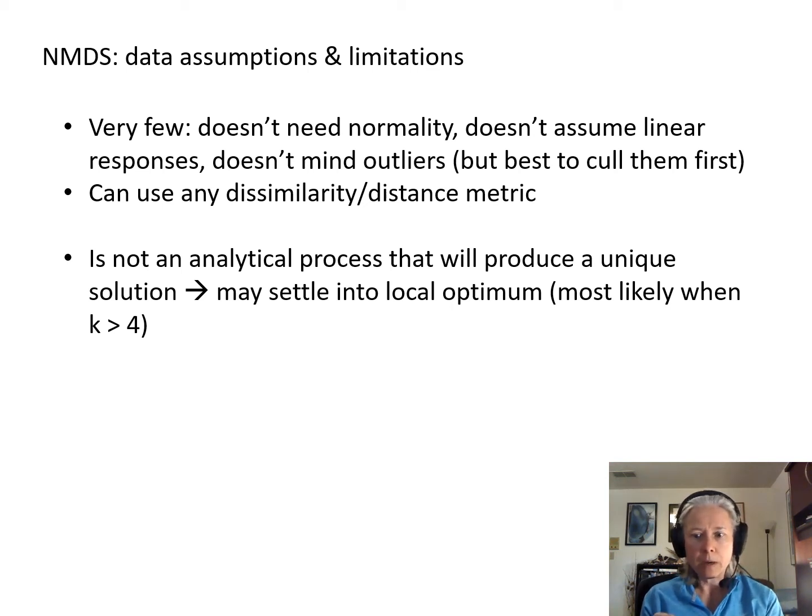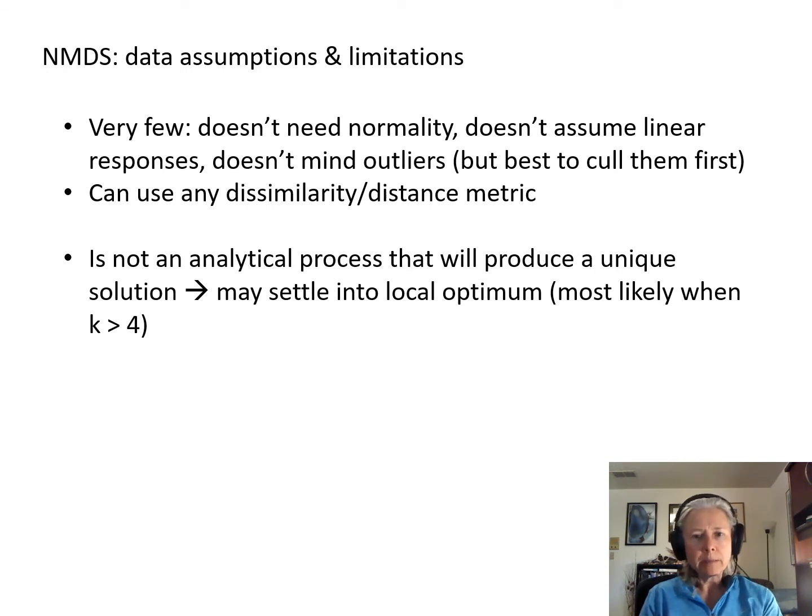And so because the initial sample ordination scores are randomly assigned, every time you run an NMDS with a different random number seed to start the process, you will get a different solution. And because it doesn't settle on a single ordination, this is seen as NMDS's chief weakness.